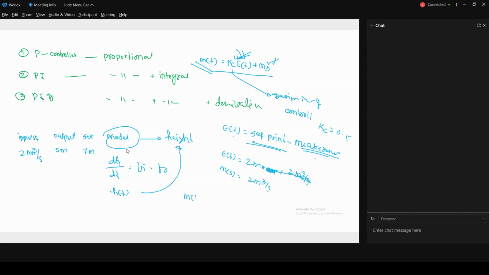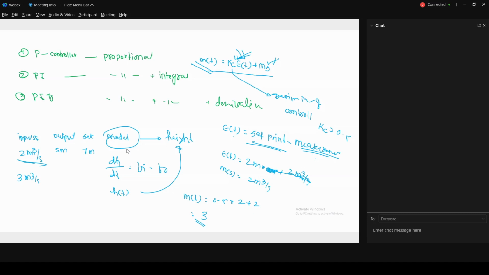Then I get m of t as Kc, 0.5, multiplied by epsilon, 2, plus ms, 2, which is 3. So earlier my ms input was 2 meter cube per second. Now it's saying give it 3 meter cube per second.